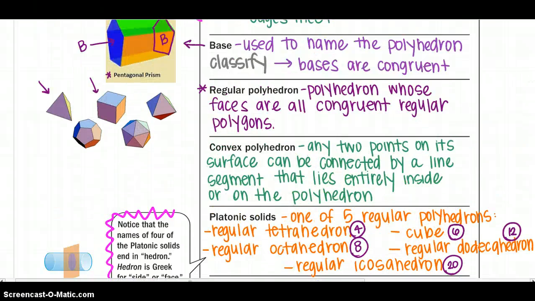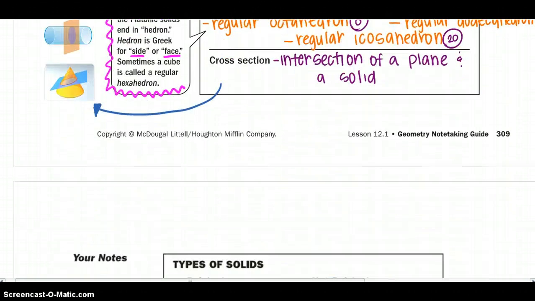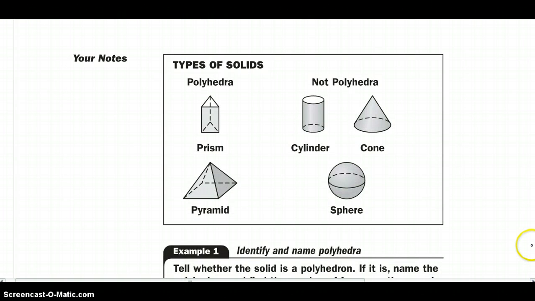All right, again, I want to go back and visit what a polyhedron is, and it's a solid bounded by polygons that enclose a single region of space, and we know it is made up of a face, edge, and vertex. So, using that information, we're going to go to our types of solids, and this is a good key. A polyhedron is given right there. These are the different types of polyhedrons. A prism, where you can see the faces are congruent, and a pyramid.